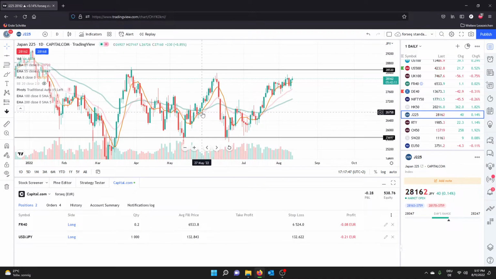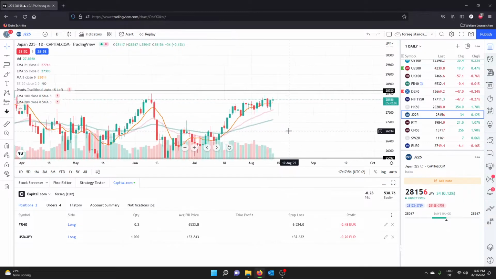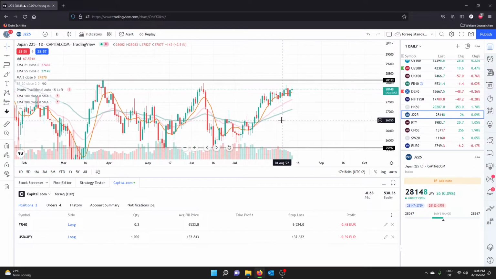Here's a similar thing, went up, went down. But at this point we have a pretty long build-up, a build-up that's supported by a moving average. So as I said before, this is a sign for a breakout.